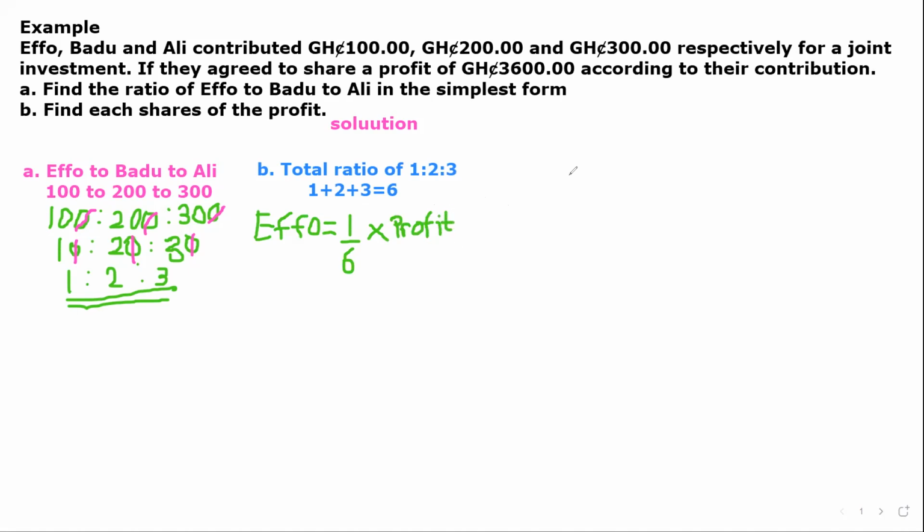Okay. Then when you take Bedu, the fraction for Bedu will also be 2 out of 6 times the profits.